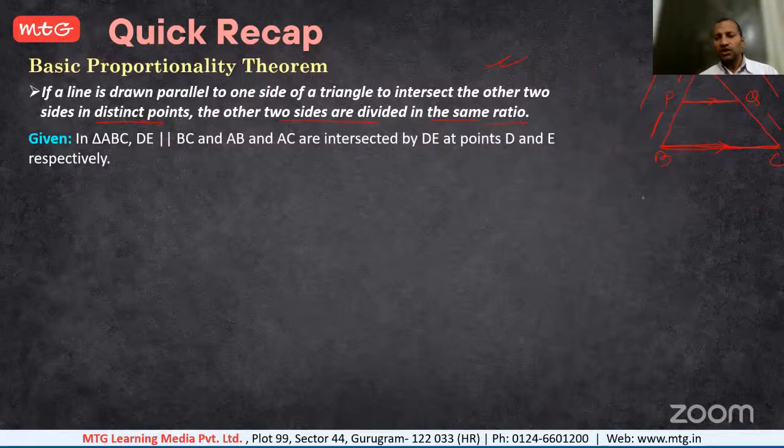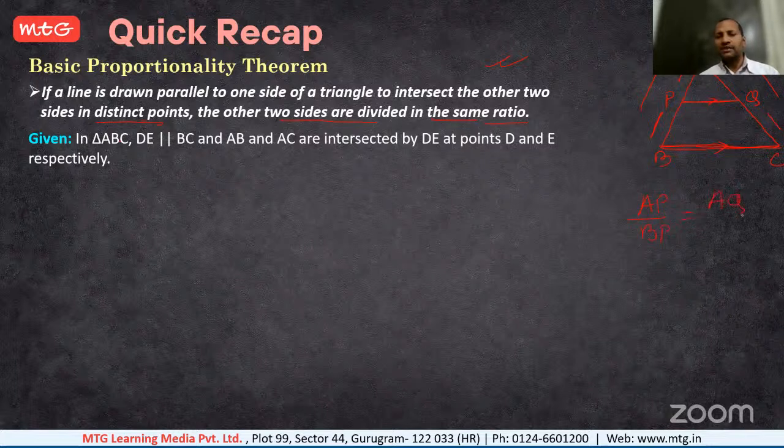It means AP by BP is equal to AQ by CQ. If it is a 1:2 ratio, for example, then here also it will be 1:2. Fine. So that is the basic proportionality theorem or Thales theorem.